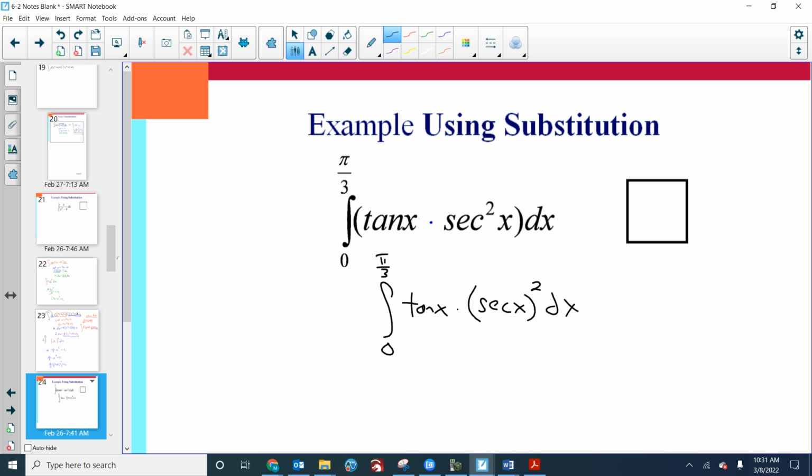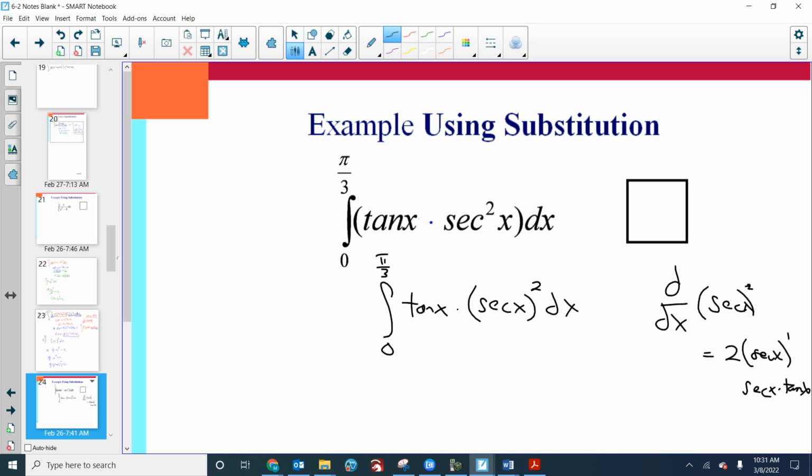What if you say secant squared x? What's the derivative of secant x squared? 2, leave the inside alone, subtract 1 from the exponent, times secant x tangent x. Ooh, that's ugly.